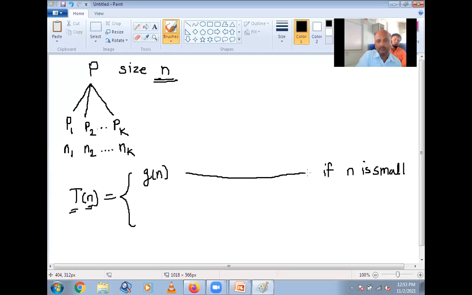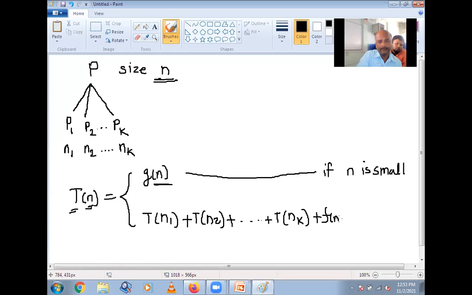If n is not small, then the time complexity is T of n1 plus T of n2 up to T of nk plus f of n. This is the otherwise case.